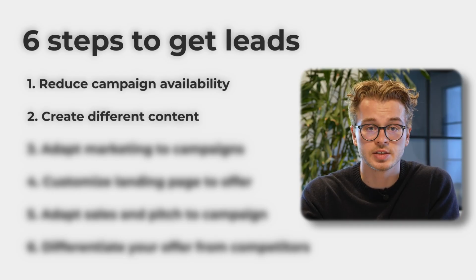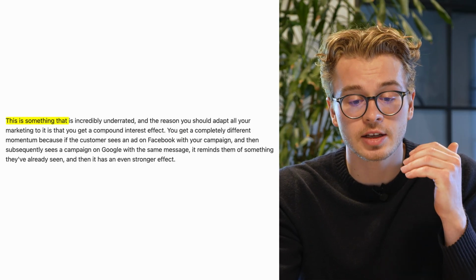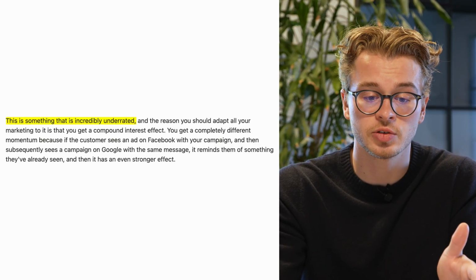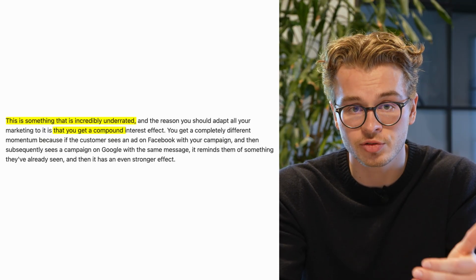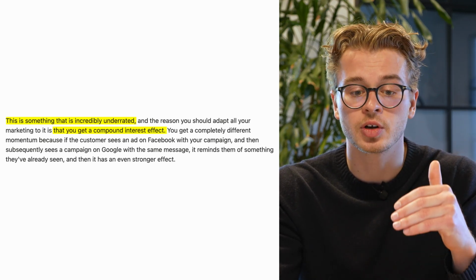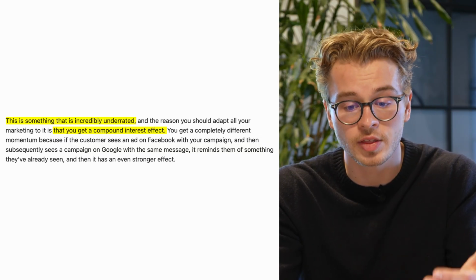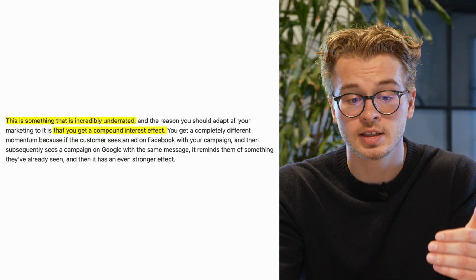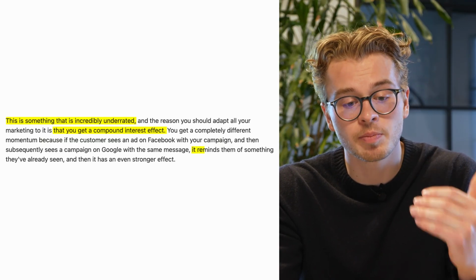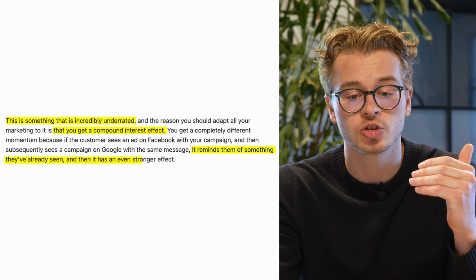The third step is to adapt your marketing to the campaigns. This is something that's incredibly underrated. And the reason you should adapt all your marketing to it is that you get a compound interest effect on your marketing. You get a completely different momentum because if the customer sees an ad on Facebook or Instagram with your campaign and then subsequently sees a campaign on Google with the exact same message, it reminds them of something they've already seen, and then it has a much stronger effect.